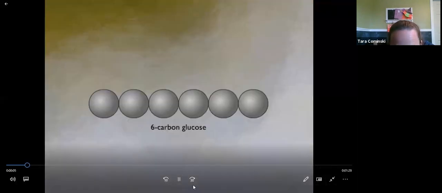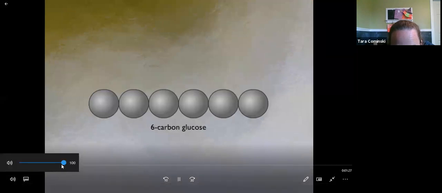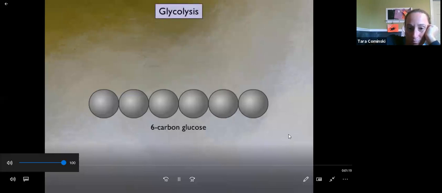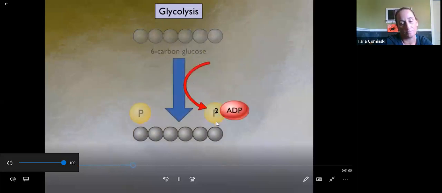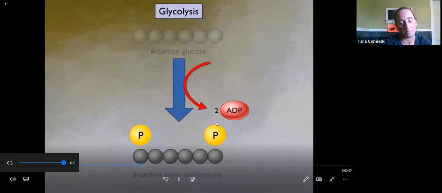Cells derive energy from the oxidation of nutrients such as glucose. Oxidation of glucose to pyruvate occurs through a series of steps called glycolysis. The energy released during these oxidation reactions is used to form adenosine triphosphate, ATP, the energy currency of the cell, and NADH. During the initial step of glycolysis, energy from ATP is invested into the process. 2 phosphates from ATP are transferred to a glucose molecule.